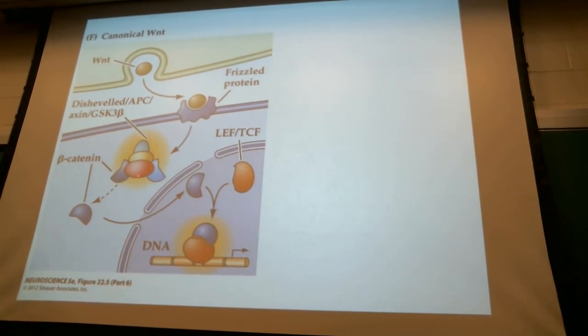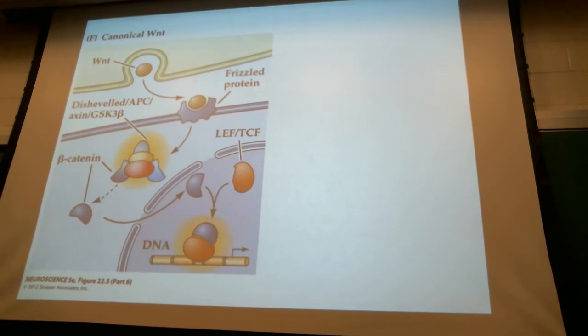What this complex does is degrade a certain protein called beta-catenin. Usually this complex degrades beta-catenin, but when frizzled gets the signal, it inhibits this degradation.